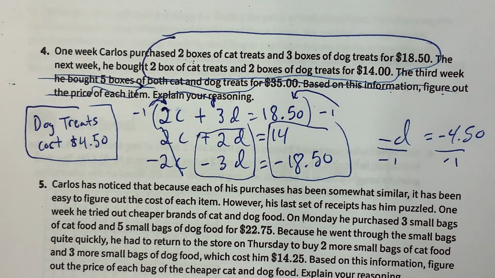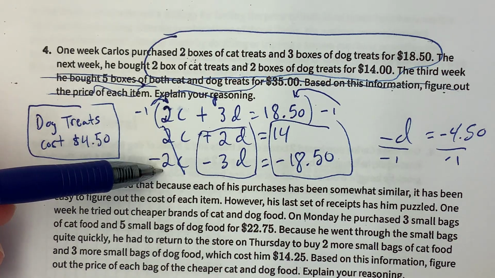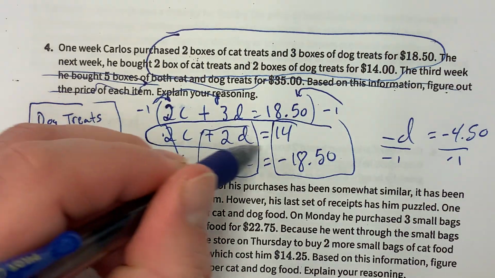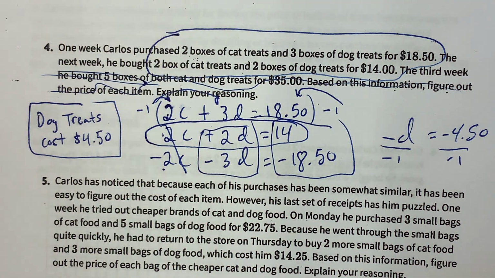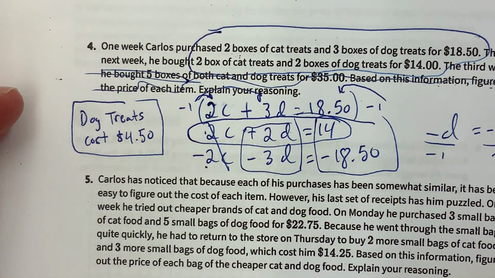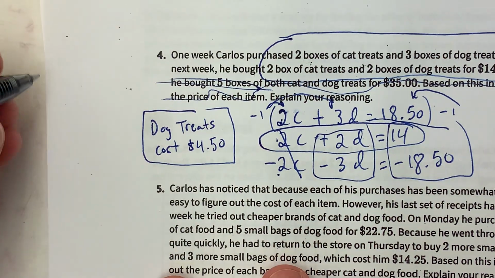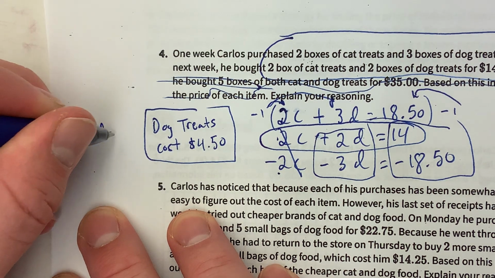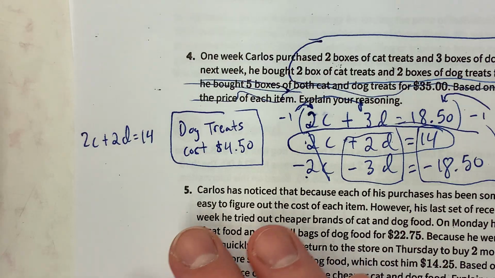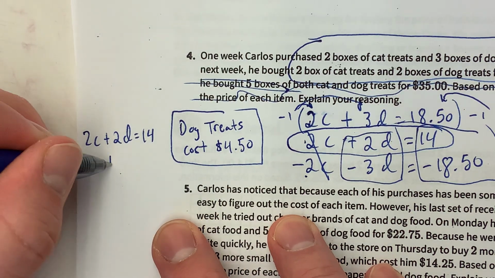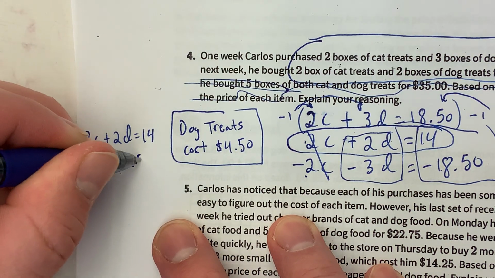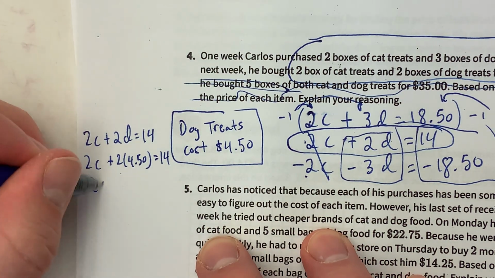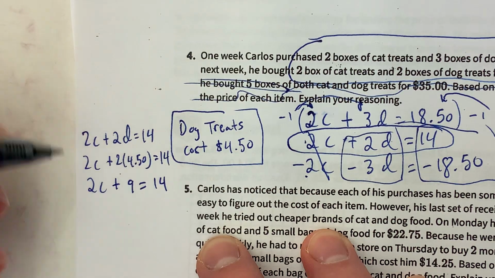How much do the cat treats cost? Well, you've got to plug it in, either top, middle, or bottom. We can go middle, right here: 2c plus 2d equals 14. We already know that dog treats are $4.50, so let's write it with the 450 in there. 2 times 450 is $9, so 2c plus $9 equals 14.